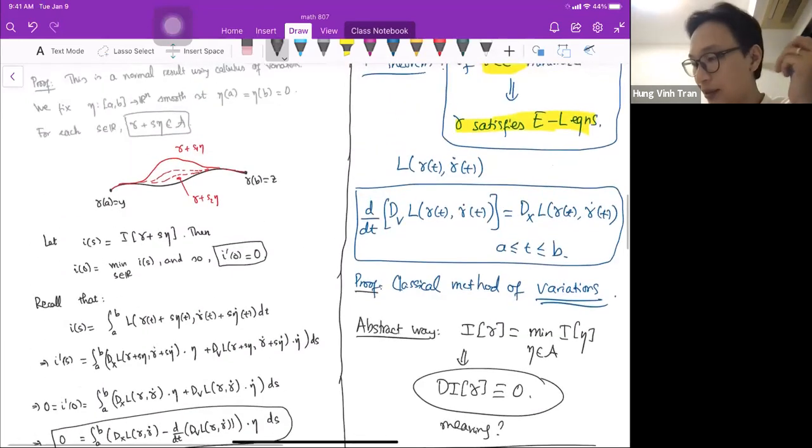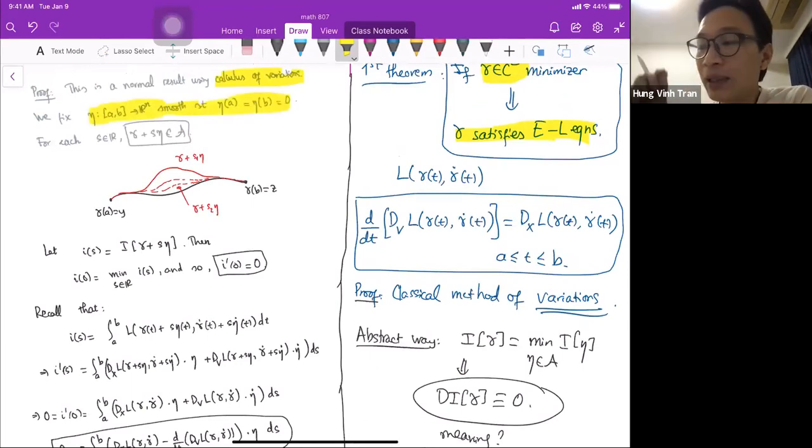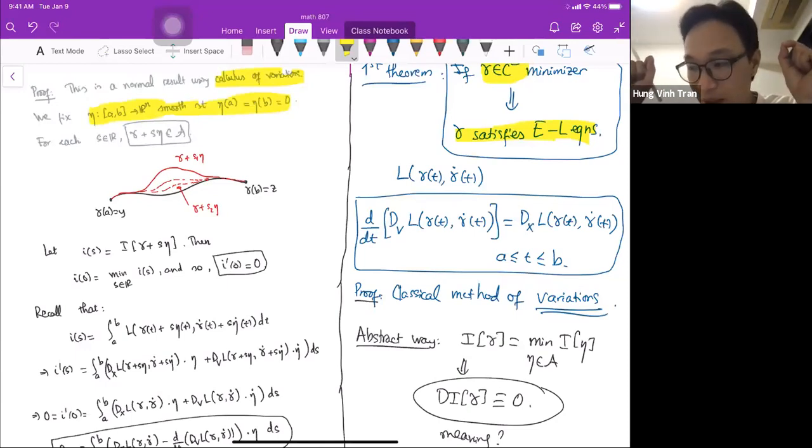So again, enjoy it if you have seen it. The idea is to do variations, so calculus of variations. What you do is you take any possible smooth curve eta, where eta(a) equals eta(b) equals 0. So you take any smooth curve, but with 0 endpoints. Why do you need 0 endpoints?